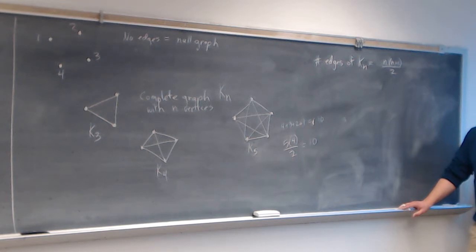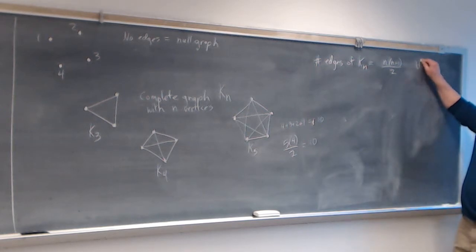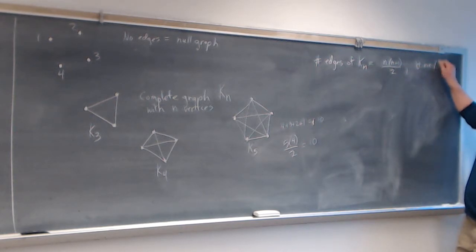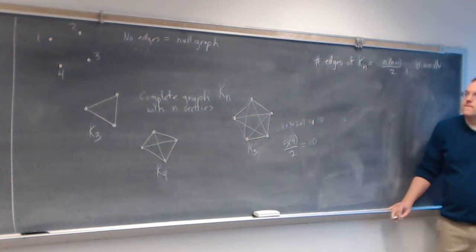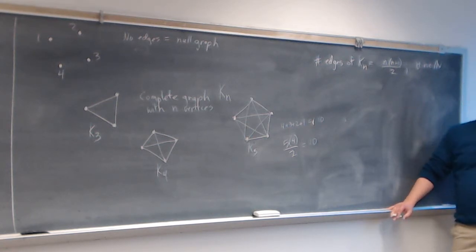So, the number of edges of Kn is n times n minus 1 over 2. This is for all natural numbers n. What kind of technique do we use to prove a statement is true for all natural numbers? Induction. Yeah, you can prove this by induction.